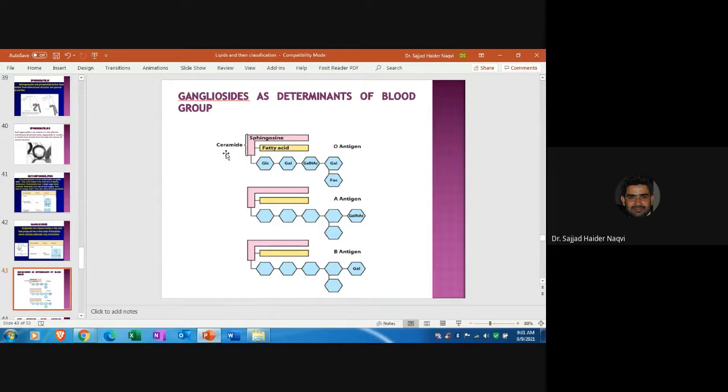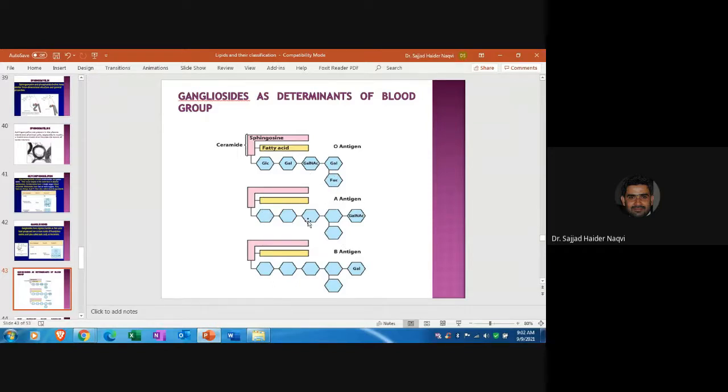So you can see here, this is the ceramide, and we have sphingosine, and we have the fatty acid, and then this portion is the oligosaccharide I was talking about. This is the oligosaccharide. So you can see that in these three examples, the oligosaccharides have some differences. The rest of the molecule is the same.